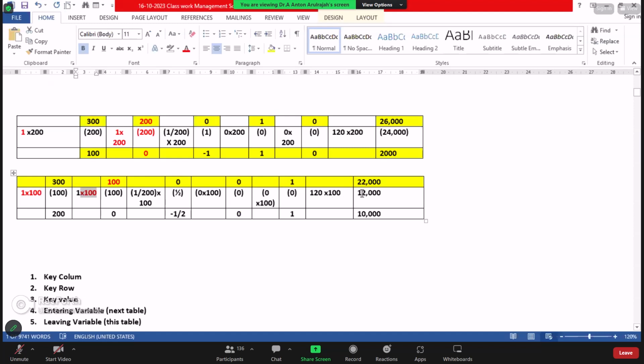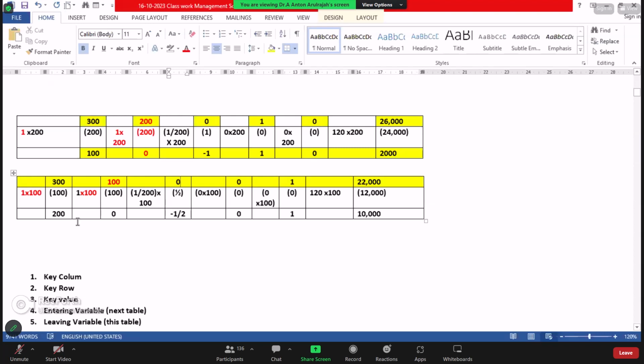So then what are we doing? We have to subtract it, right? So 300 minus 100, 200, 100 minus 100, 0, 0 minus minus 1 by 2. This is 0 into 100, 0, 0 into 100, 0, 120 into 100, 12,000. 22,000 minus 12,000, that is 10,000.